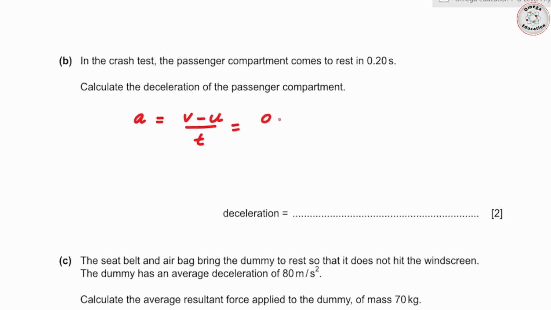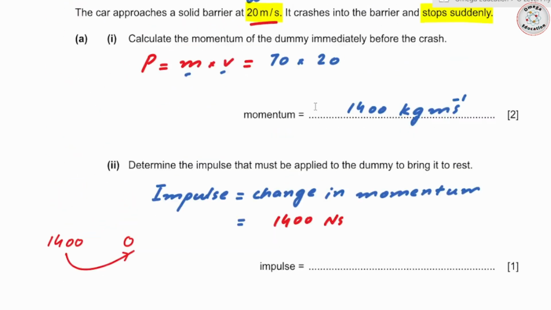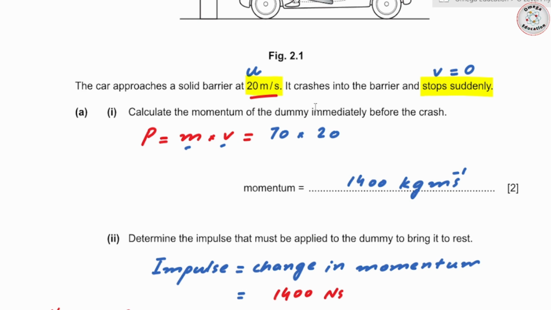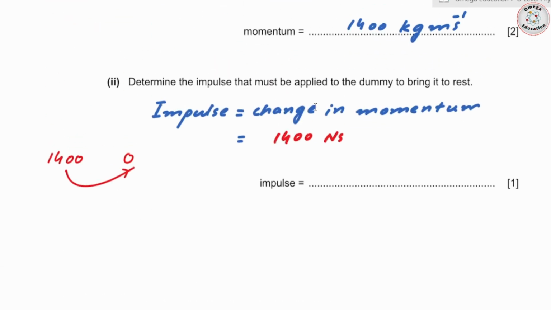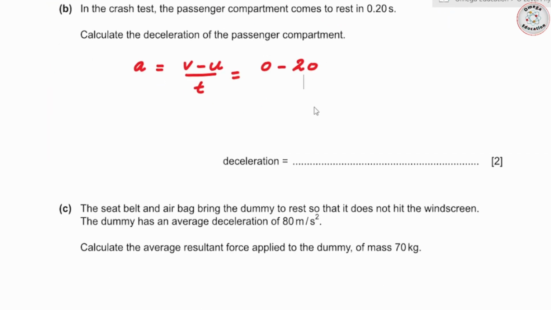Initial velocity was 20. Yeah, initial velocity was 20. And the time is 0.20. Then you just hit it on the calculator and that'll be 100.